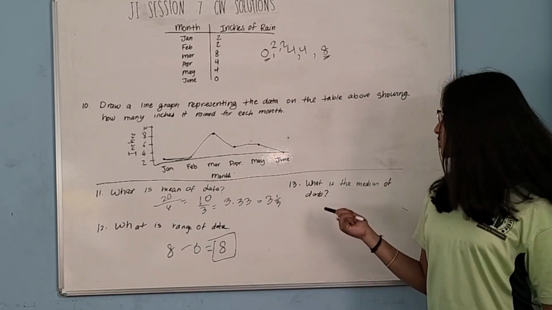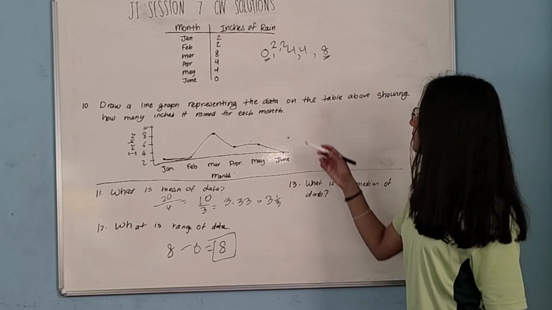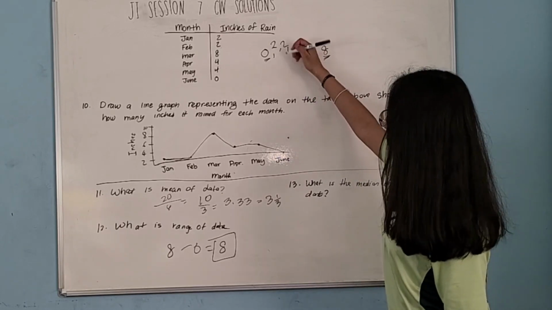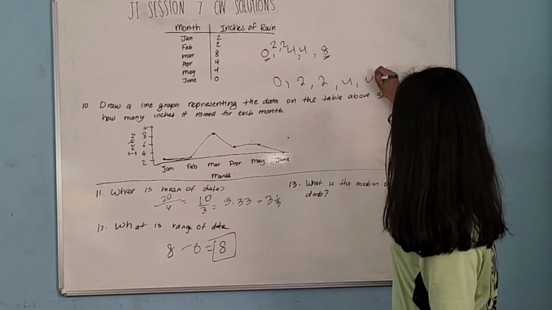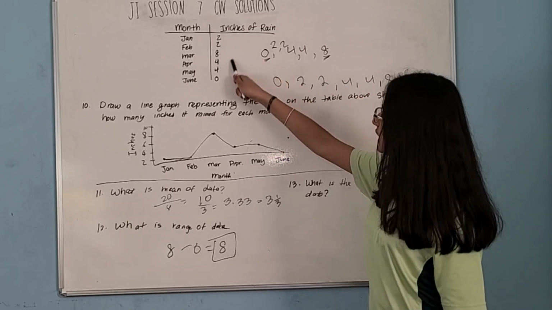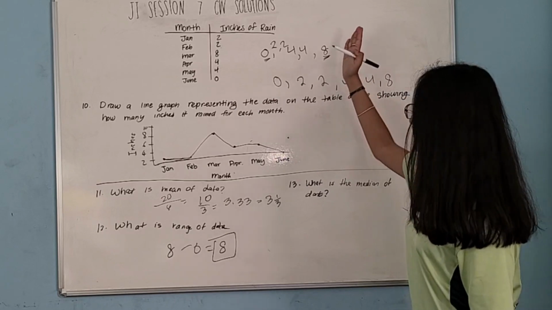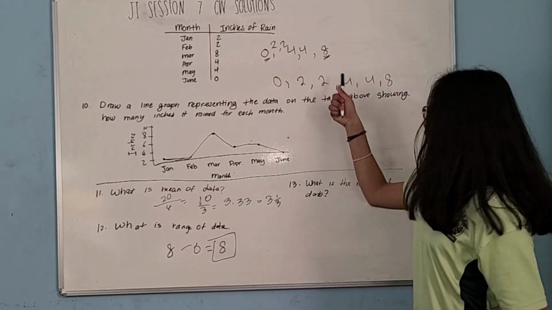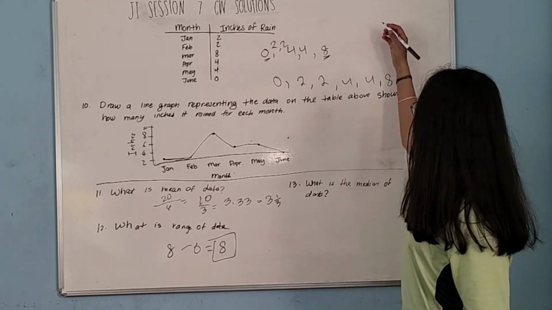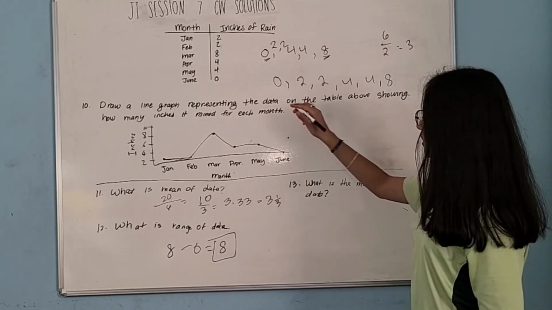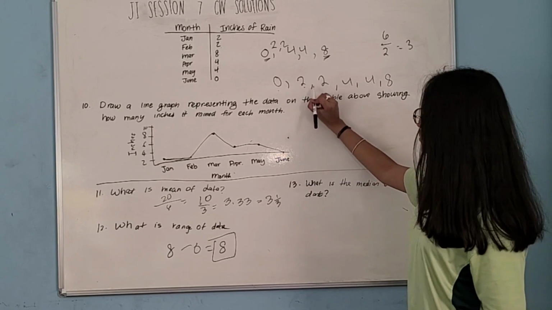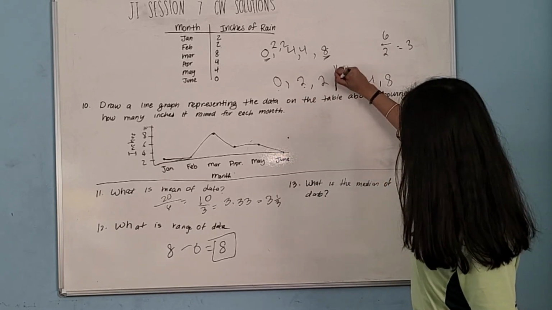Moving on to number 13. What is the median of the data? Again, we have our data shape, or the order of the set right here. We know that there's an even number, so we're just going to find the middle line and find the average of the two numbers on each of the sides. Since there's 6 numbers in total, we're going to divide by 2 and get 3. So we count 3 numbers, 1, 2, 3, and there's going to be a line right here.